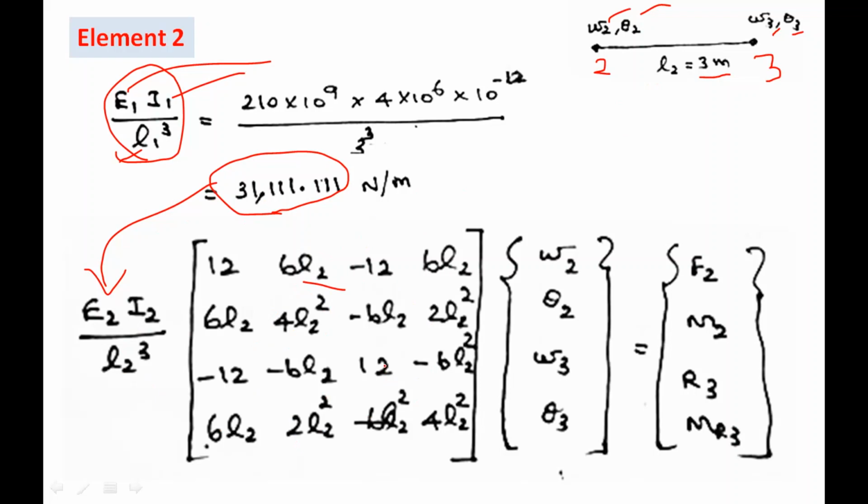So here also you don't have any change. Only the degrees of freedom change: W2, theta 2, W3, theta 3. On the right hand side we have F2, M2, R3, MR3, the reaction force and reaction moment. Here also F2 and M2 will be half of the external force and external moment.